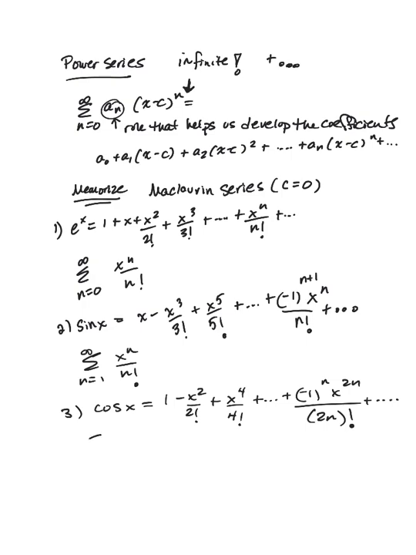Okay, so this could be written as the series from n equals 0 to infinity of negative 1 to the n, x to the 2n over 2n factorial. Okay, if you try that out, that will make perfect sense to you.